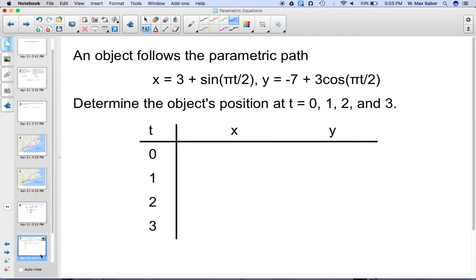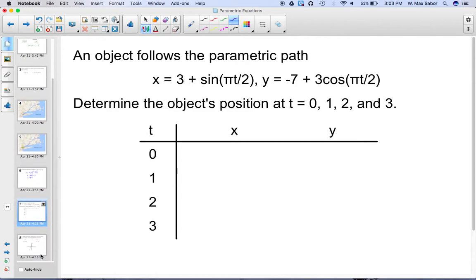When we talk about these, we can have other types of functions involved. This has an object following a parametric path with sine and cosine in it. What we can do is plug in 0 here, and we get sine of 0, which is 0. So 3 is our initial x coordinate.